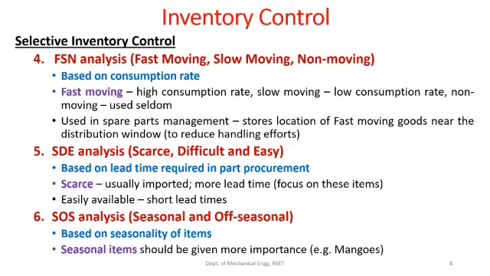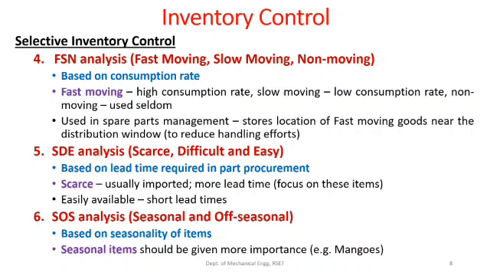So based upon the lead time required in procuring the part, we classify them as scarce, difficult and easy. Scarce are those items which have very large lead times. That means from the point of order till the receipt of that order, it takes a large amount of time, and these are items that are usually imported. So when you classify items as scarce, you should always focus upon these items when you have inventory control.